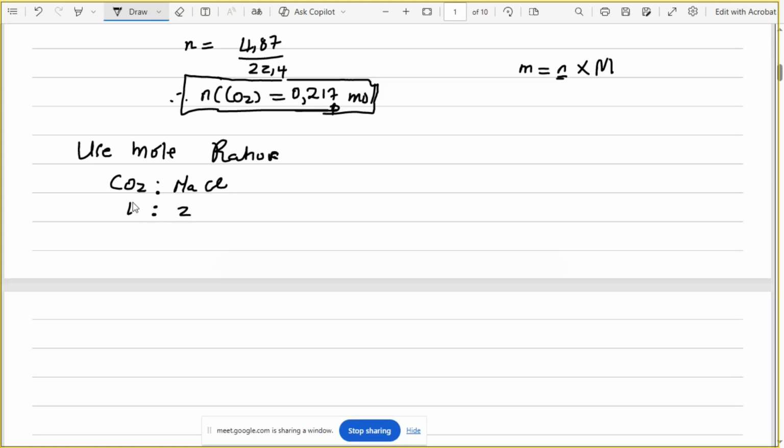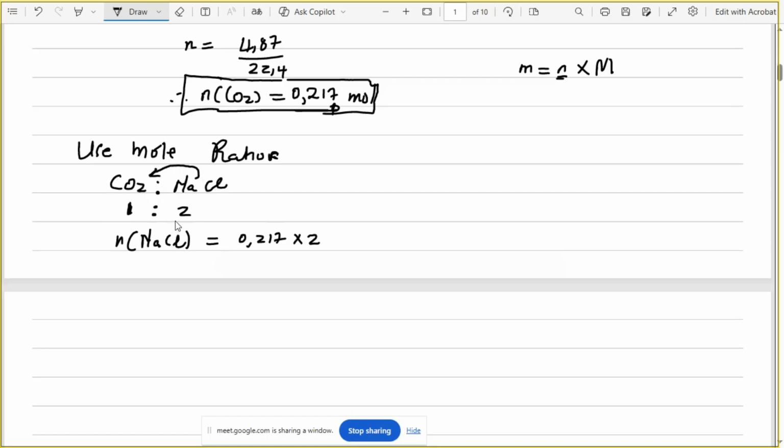So if the number of moles for CO2 is 0.217 and the mole ratio is 1:2, to find the number of moles of NaCl, you take that 0.217 and multiply it by 2, because the mole ratio tells you that this is 2 times that.